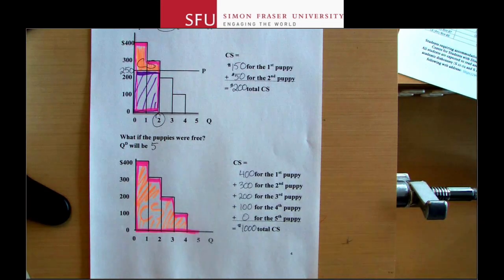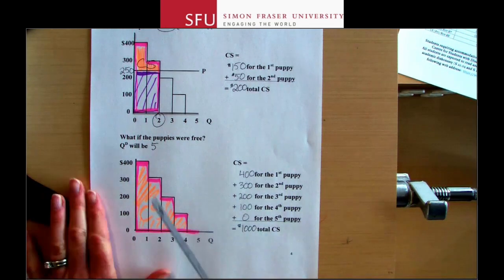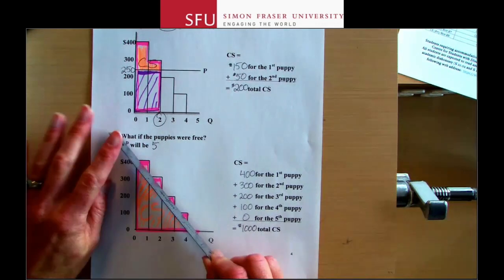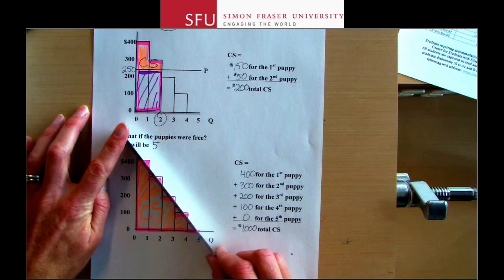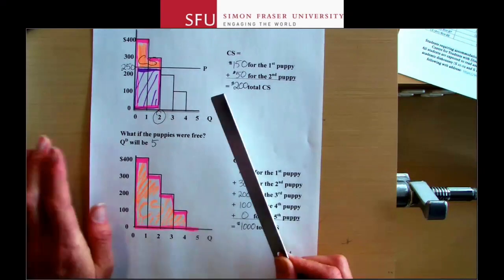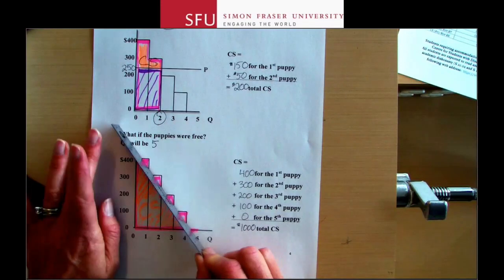Okay, good. So these graphs here, you could call them a step curve or a bar chart, but for the rest of the chapter, instead of having the step curve or bar chart, we're going to just draw a line. So you imagine just drawing a straight line through the bars, and then that is the demand curve. So this essentially is also a demand curve, but it's just drawn differently.